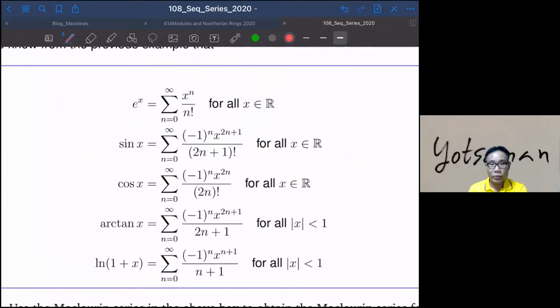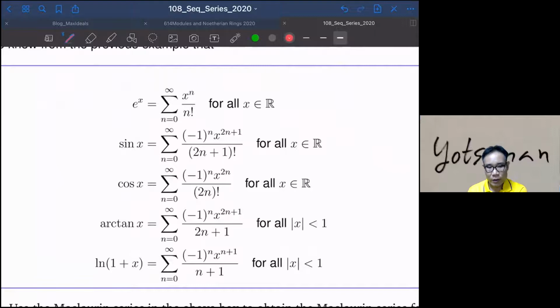So you have e to the x equal to the sum of x to the n over n factorial from n equal to 0 to infinity. You have sine x, which takes care of the odd terms, and you have cosine x, which takes care of the even terms. And we also have arctan x already, which is the series n equal to 0 to infinity of negative 1 to the n x to the 2n plus 1 over 2n plus 1 from the previous lecture.